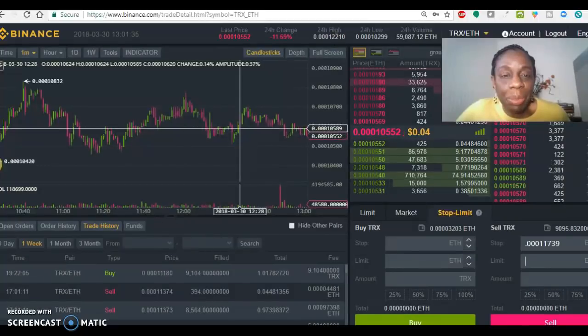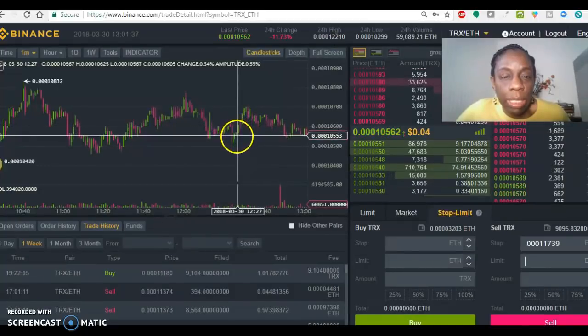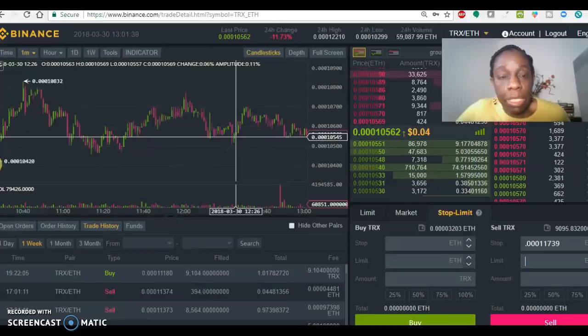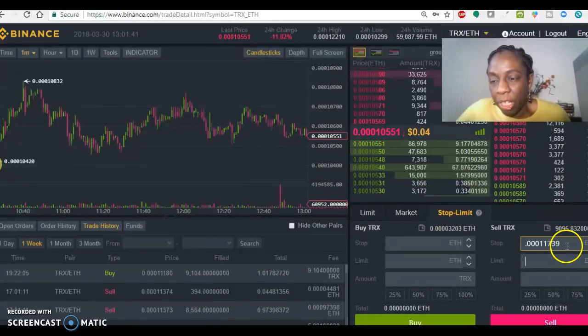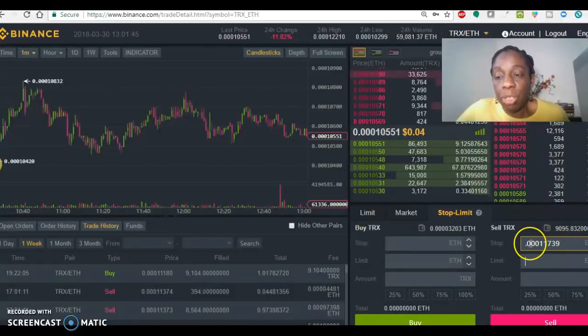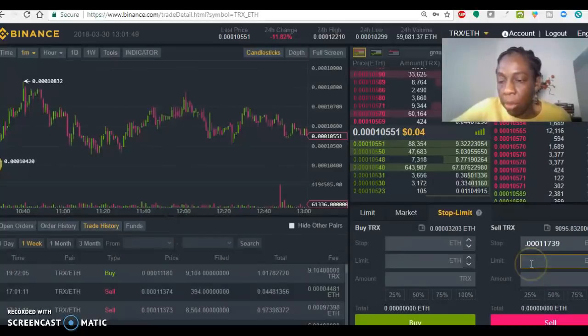Now, it could still be rising. I don't really want it to sell my Tron at this particular point, but I want it to create an order at this point. Assuming it keeps on going up, I'm now going to say the price at which I want it to trigger the sale order.